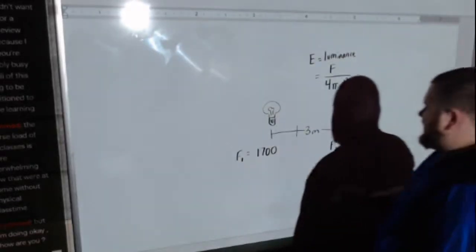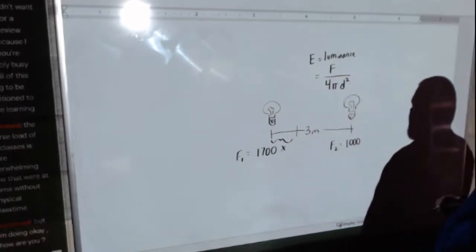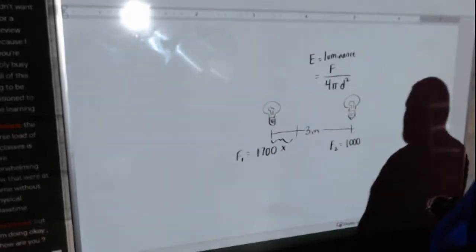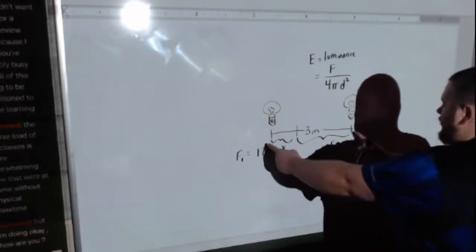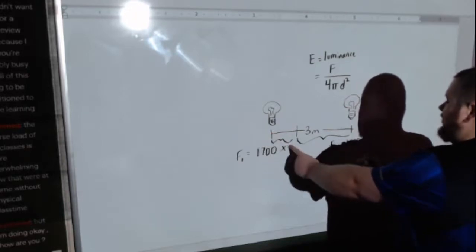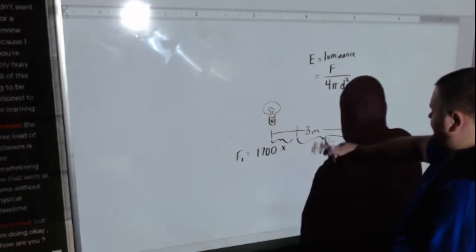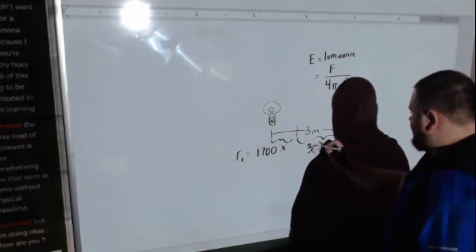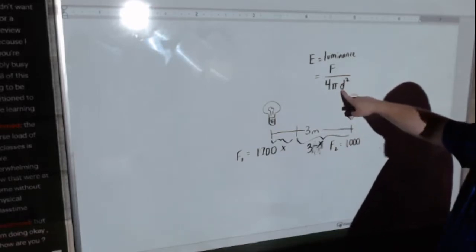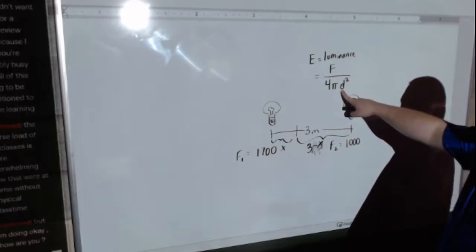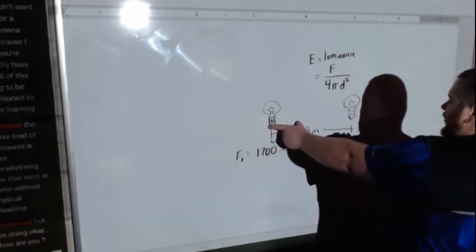And I'm going to call the distance between this light bulb and that spot X, which means the distance between that point and this bulb has to be the total of 3 meters minus X. And we need that because we've got this distance d here. So when we solve, we're going to solve for x, which just means we're getting the distance from this bulb to the dark spot.